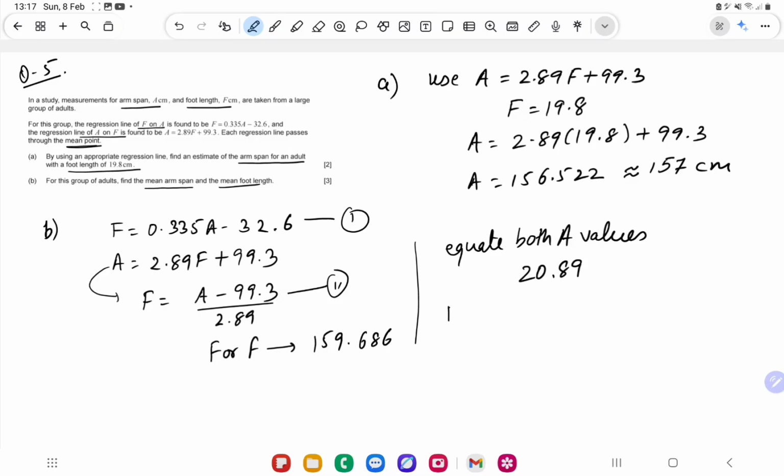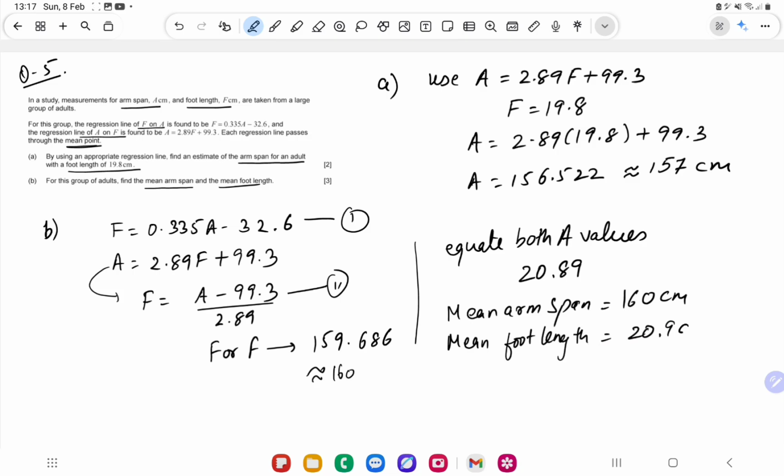So I can write that my mean arm span is almost 160 centimeter. This I can round off to 160, and mean foot length as 20.9 centimeter. So this is how we'll solve B part. Now let's move to the next question.